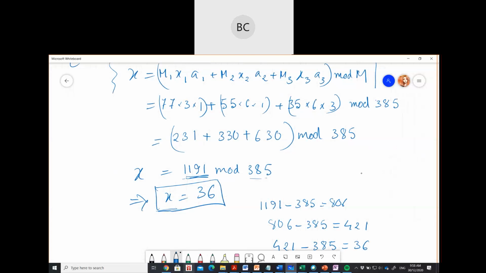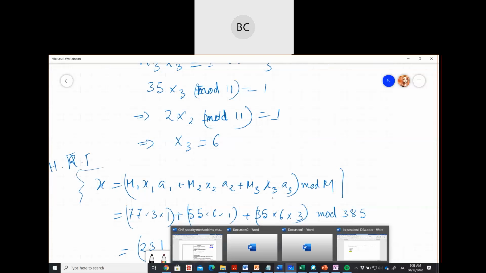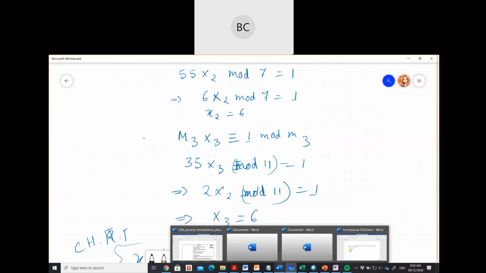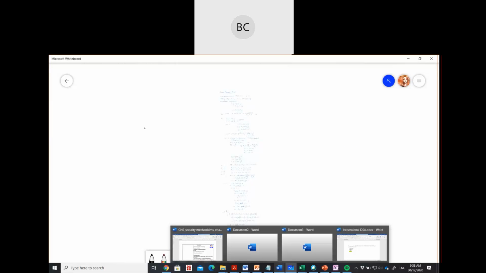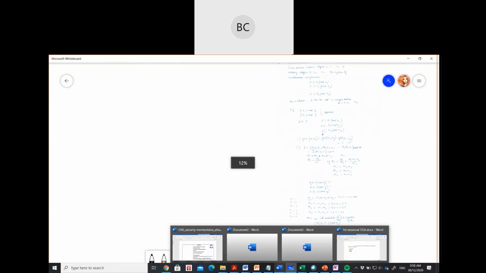It's a bit confusing, because the values of x1, x2, x3 you need to find out, it's more like a brute force thing. It's a hidden value, you have to check for each value.